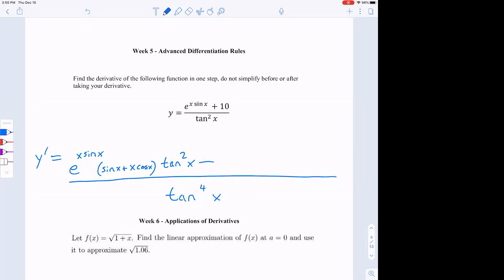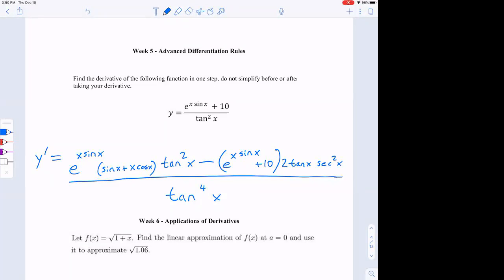We copy the numerator, so e to the x sine x plus 10. This time we do have to have the plus 10 because we're doing a copying stage, not a derivative stage. And then we take the derivative of tan squared. So pull down the 2, copy the tan, drop the power to 1, so it's tan to the power 1, so just leave it just like that. And then multiply by the derivative of tan, which is secant squared.